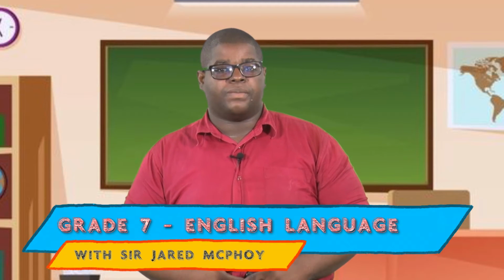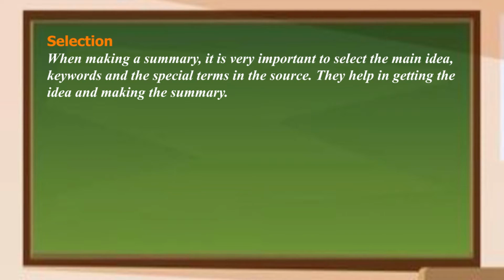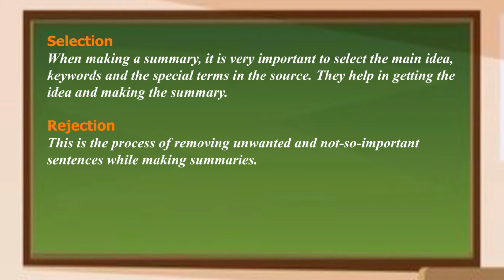Selection. For making a summary, it is very important to select the main idea, keywords, and the special terms in the source. They help in getting the idea and making the summary. Rejection. It is a process of removing unwanted and not so important sentences while making summaries, as in note-making.